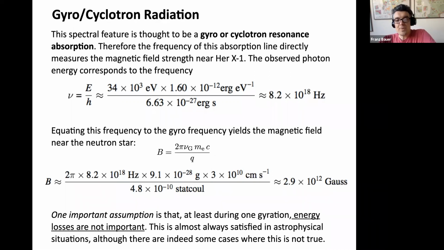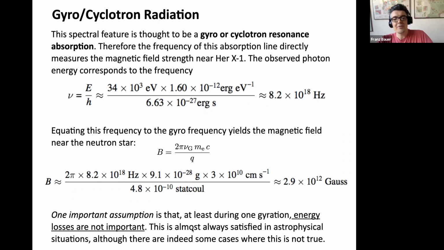One important assumption through all of these mechanisms is that the energy loss within one loop of this process, one gyration, is a very small amount of the total energy the electron has, so the losses from radiation over that time scale are relatively low. Typically this is satisfied, but there are some individual cases where one has to be careful.